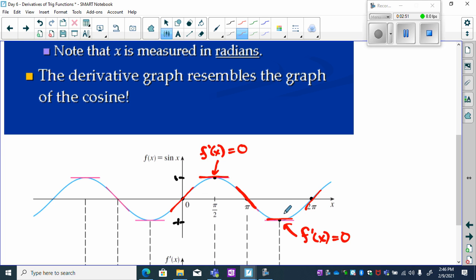Now, through a similar process, you can determine that the slope of this line is positive, it's rising from left to right, and it looks like it's going up 1 block, over 1, up 1, over 1. The slope of that line is 1. Same thing here at 2 pi. The slope of the tangent, or the derivative, would be positive 1.